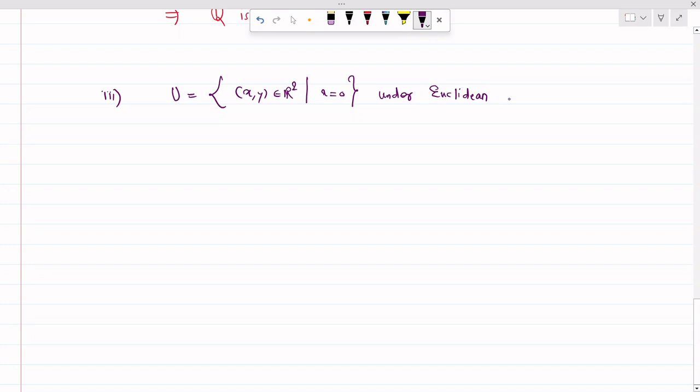Now I want to find out whether this particular set is open or not. This question can again be solved by mere observation. What we are doing here is choosing ordered pairs such that the x coordinate is 0, so it simply means that U is nothing but the y-axis.